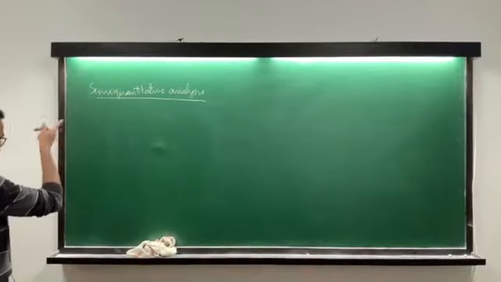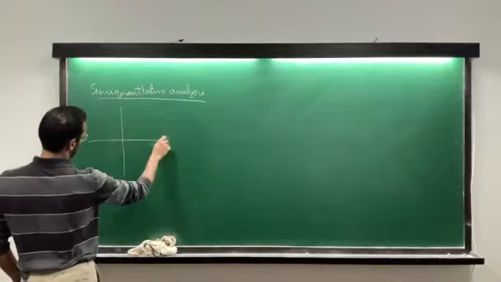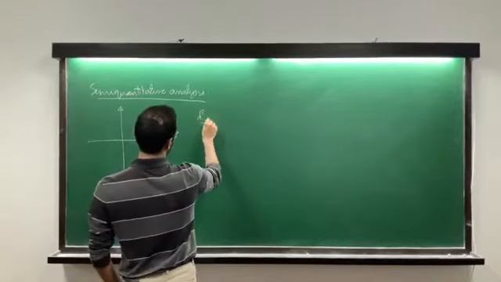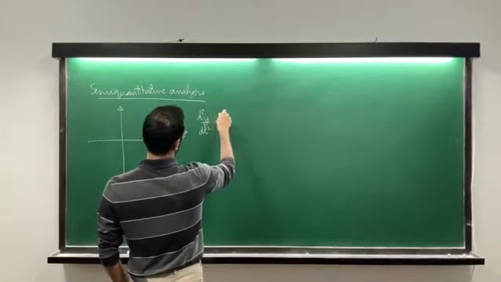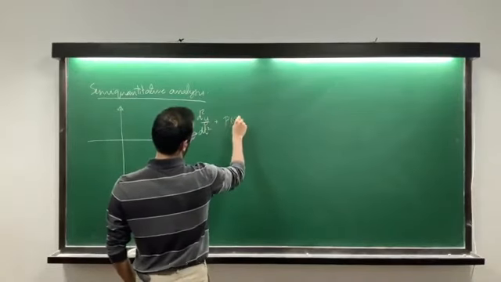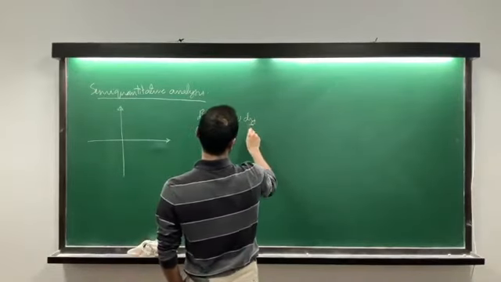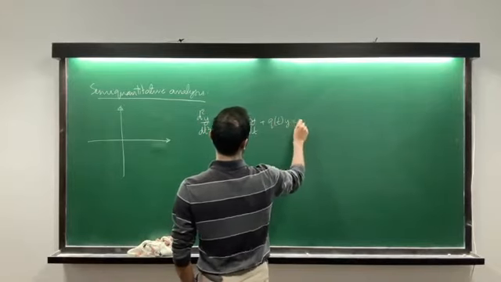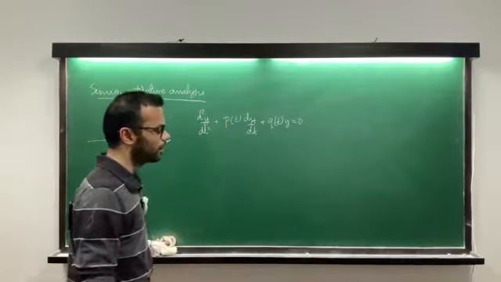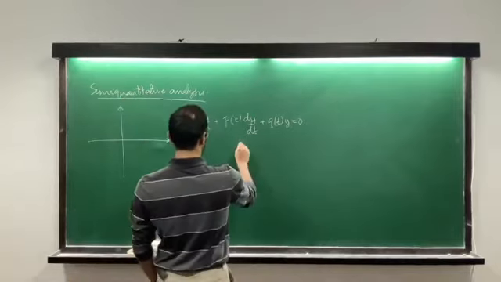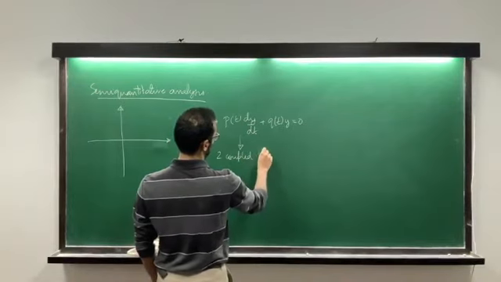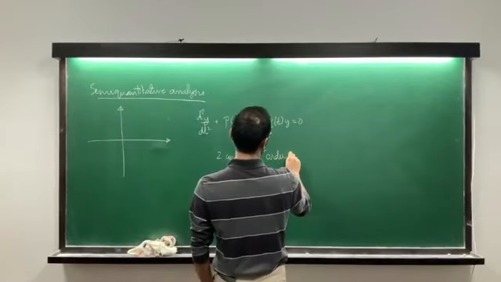So the beginning point for this, of course, was this phase space, and if you remember, we said, okay, you have a second order equation like this. We assumed some arbitrary p of t, some arbitrary q of t. Okay, and we said you can reduce this to two coupled first order equations.